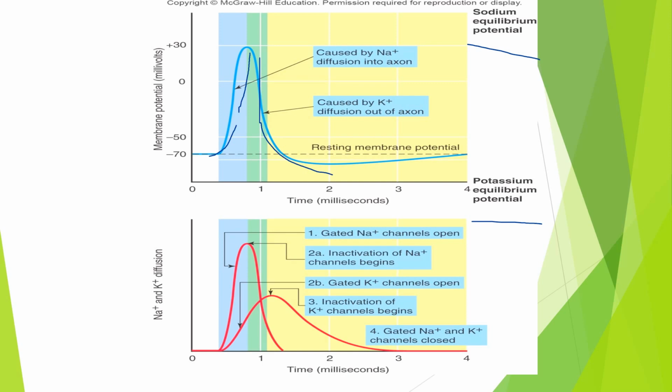Here, when we look at diffusion of the ions, we have at this stage sodium channels opening, then inactivation, then voltage-gated potassium channels opening, then inactivation of those potassium channels, and then no more movement of ions when all the channels are closed.